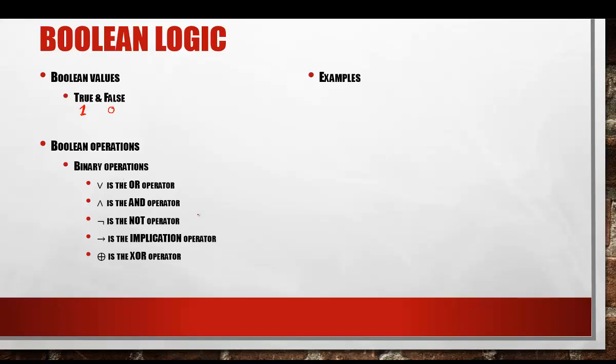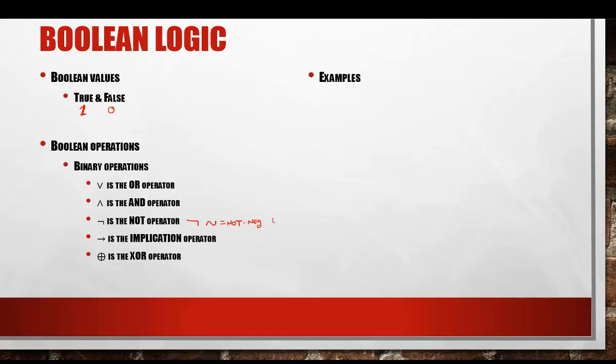The simplest one of these operations is the not operation. We represent it either with this symbol or with just a tilde, and both of these are the not operation, which we also call the negation operation. What does this mean?